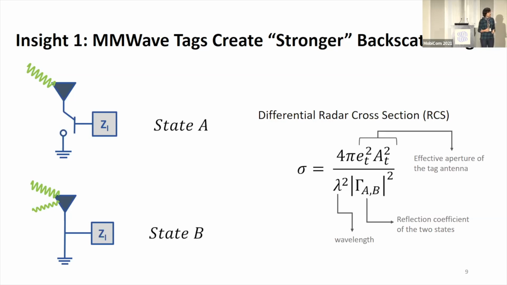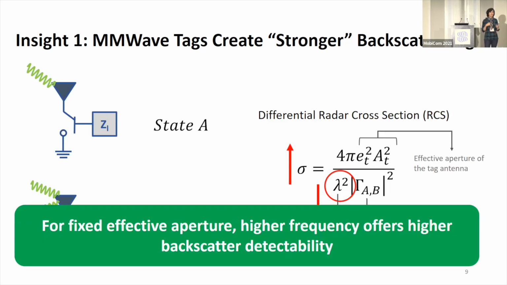If you look at the formulation for differential RCS, you see that it's inversely proportional to the wavelength, meaning that if we keep everything else in this formula fixed and just go to higher frequencies, with smaller wavelengths, we can actually increase the tag detectability. So at least so far, theory is not against us.